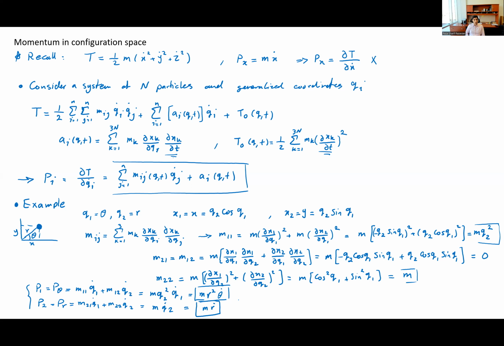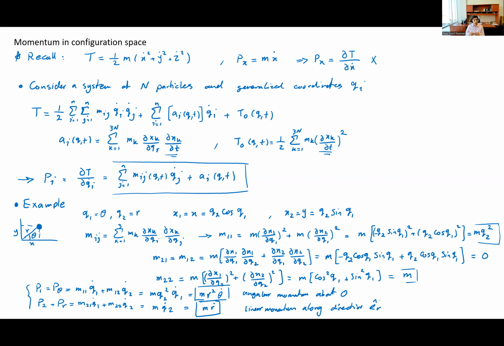So notice that the generalized momentum in the direction of theta is actually the angular momentum about the origin point O, where my generalized coordinates are defined, and the one along r is actually linear momentum along the direction, let's call it er, so along the direction of the vector r.